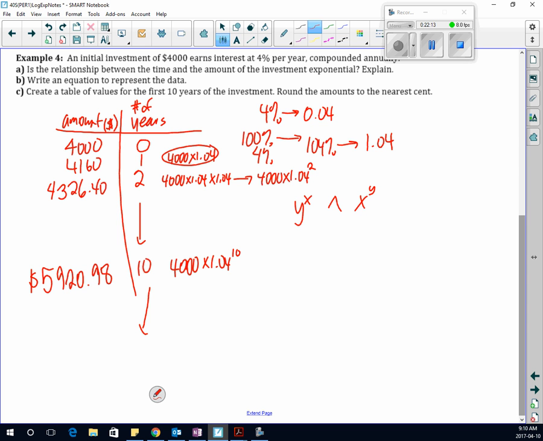So you're 18 and 55, that's 37 years later. Let's figure out 37 years later. So that would be 4,000 times 1.04 to the power 37. Wow. $17,072.36.